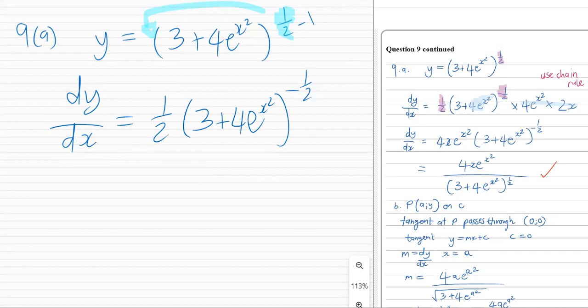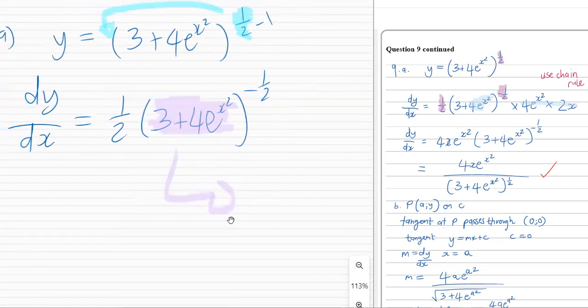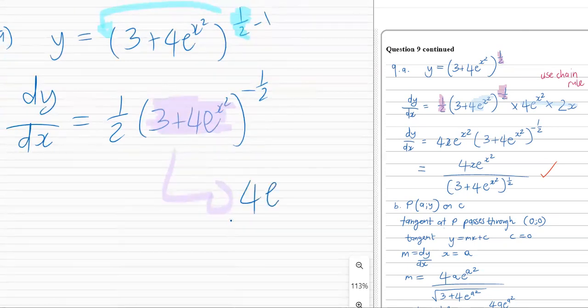And then the third step is we have to times this by the first derivative of what's inside the bracket. The 3 will just fall away, but we do have to deal with the 4e^(x squared). So the first derivative of 4e^(x squared), because it's e, it just stays the same.